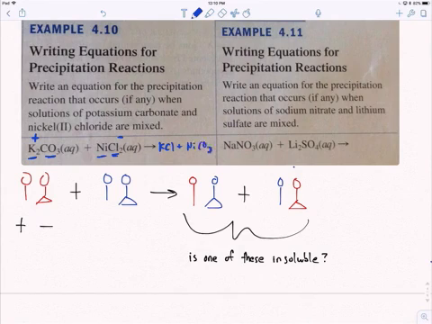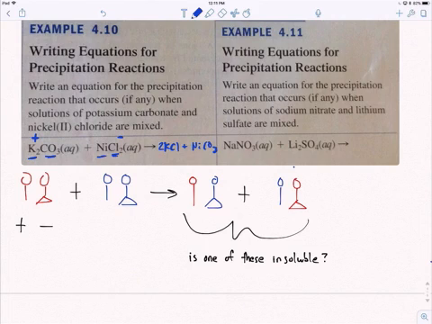I know it's not balanced, so let's go ahead and balance the equation. 2 potassiums on the left, 2 potassiums on the right by putting the 2 there. Then the carbonates: 1 carbonate on the left, 1 on the right.